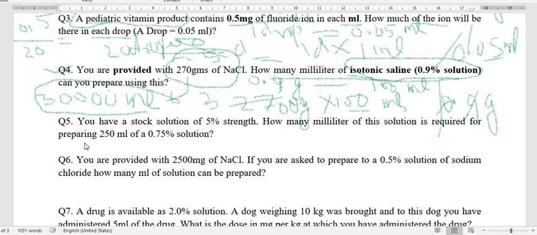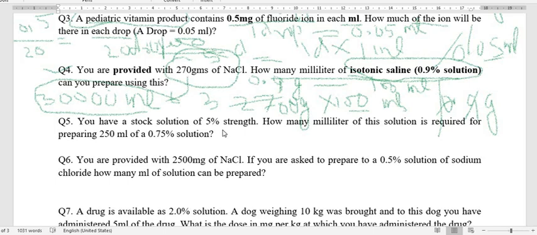Now we go to another question. You have a stock solution of 5% strength. How many ml of this solution are required for preparing 250 ml of 0.7%?